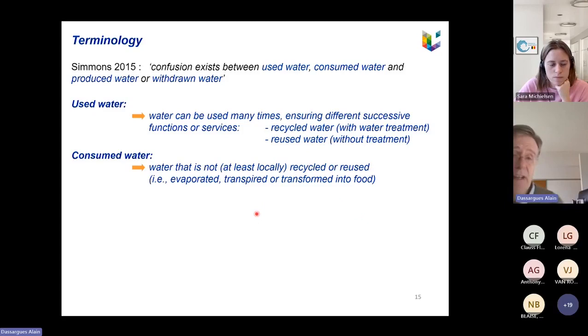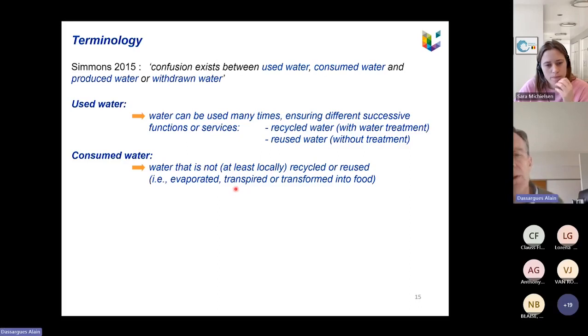So it is, in fact, most often water that is evaporated or evapotranspired. It means that it is used by the plants, by the trees, by the agriculture, and so on.